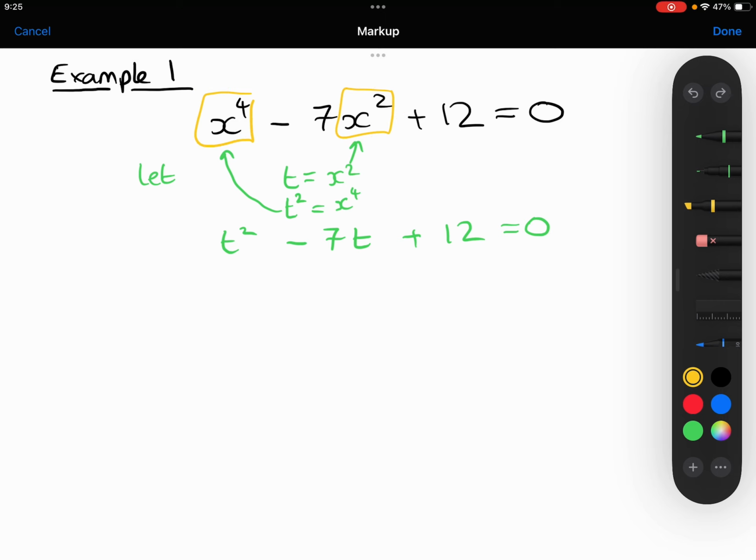Therefore, I decided to choose a letter to replace the x squared with. I chose t. So you can see that I've taken this x squared here and replaced it with t here. Then notice that t squared is going to replace the x to the power 4, so I've replaced this x to the power 4 here with the t squared here.